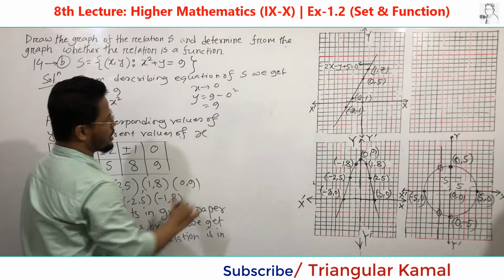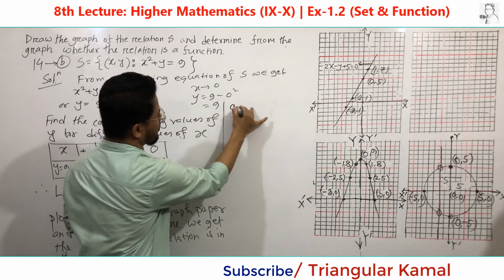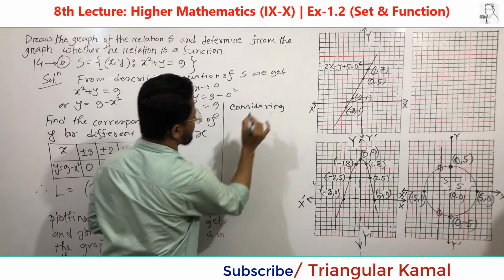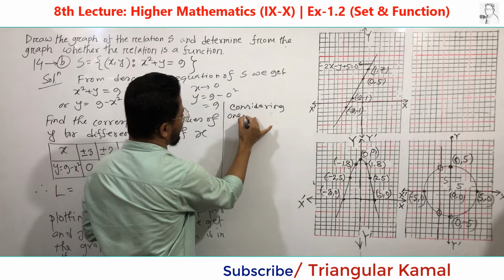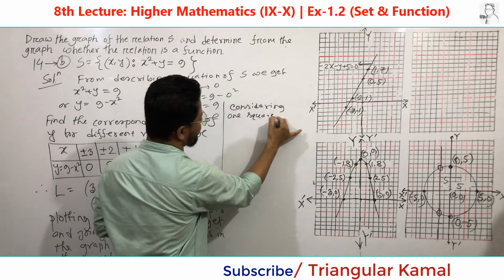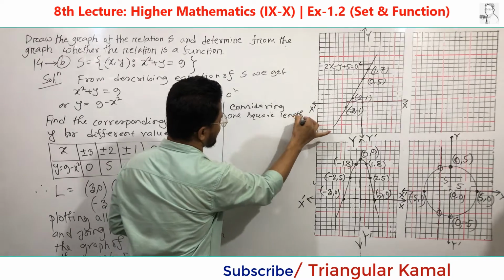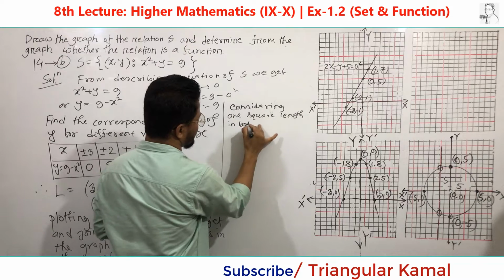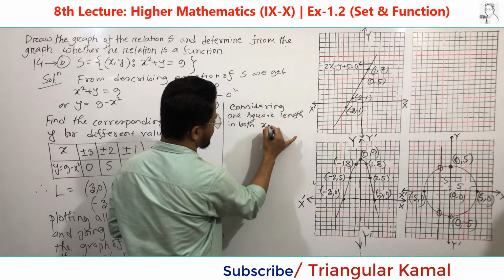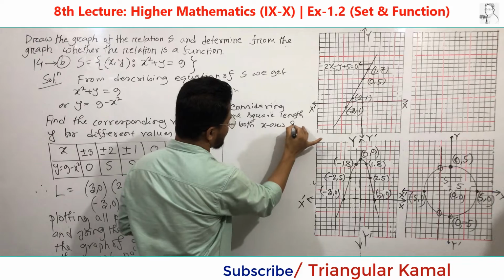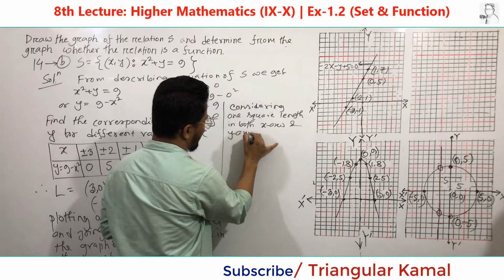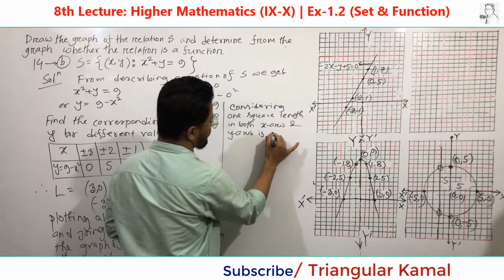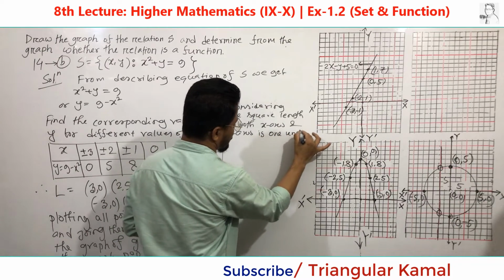So now you have to write, considering 1 square length in both the x axis and y axis is 1 unit.